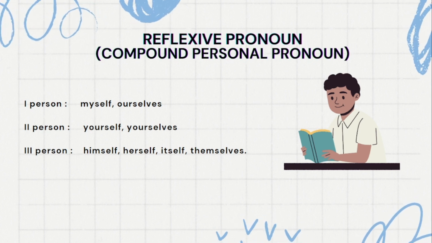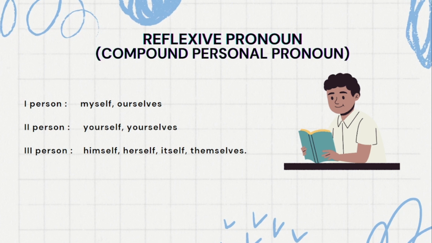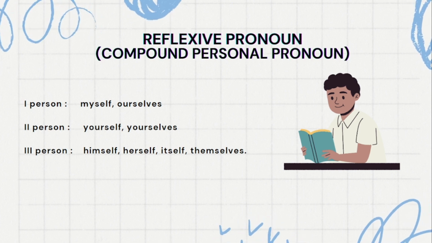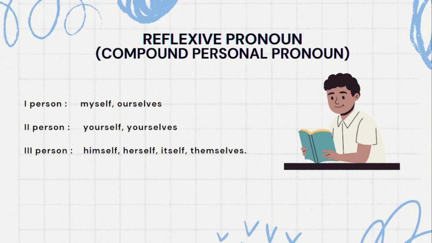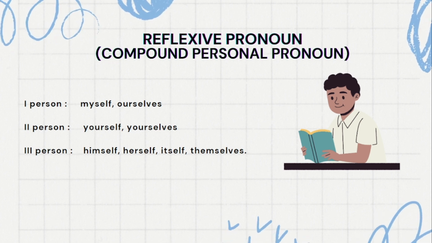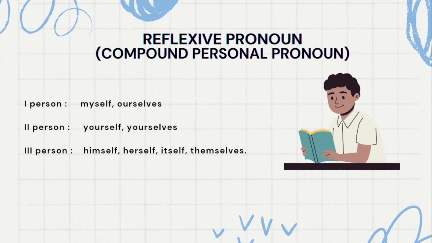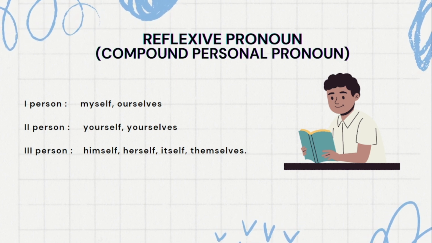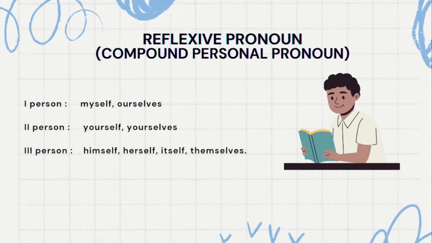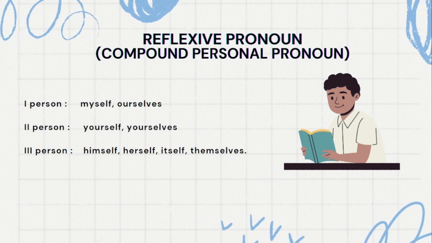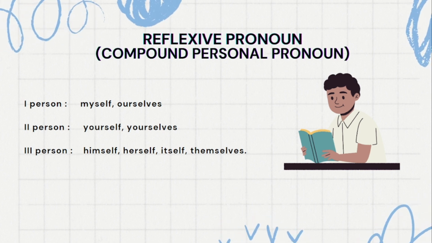That is why reflexive pronouns are called reflexive objects. They have another name. They are also called self forms because the words end with self or selves. That is why they are called self forms.